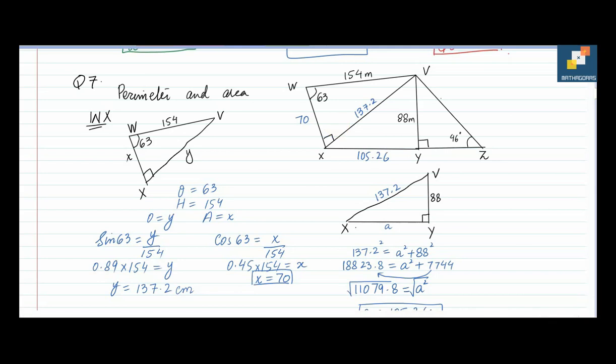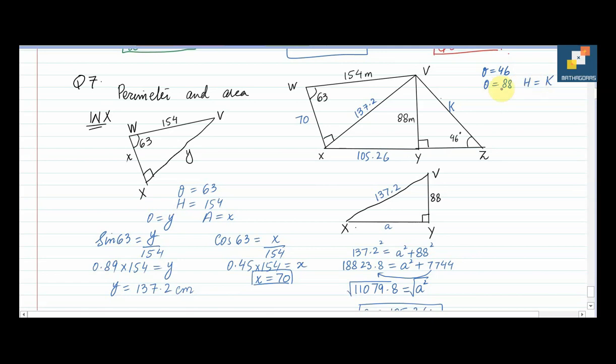Which value we need to find? We need to find WX, XY, now YZ and then VZ, right? So for VZ, let's say this value is k. So theta is 46, opposite is 88 and hypotenuse is k.